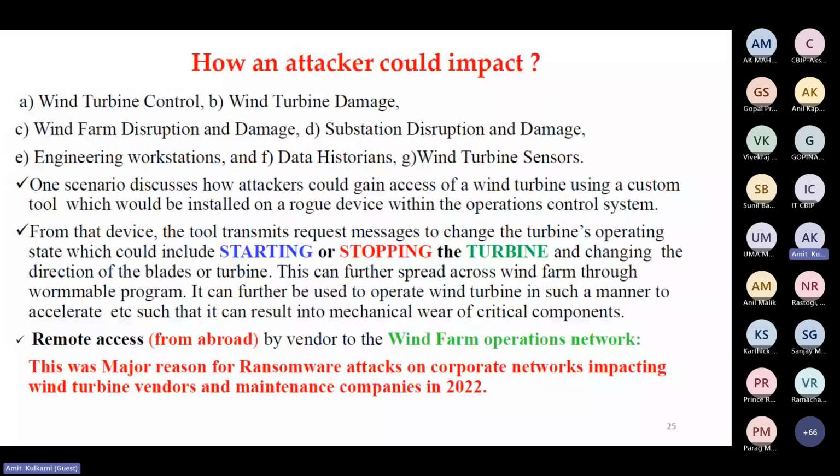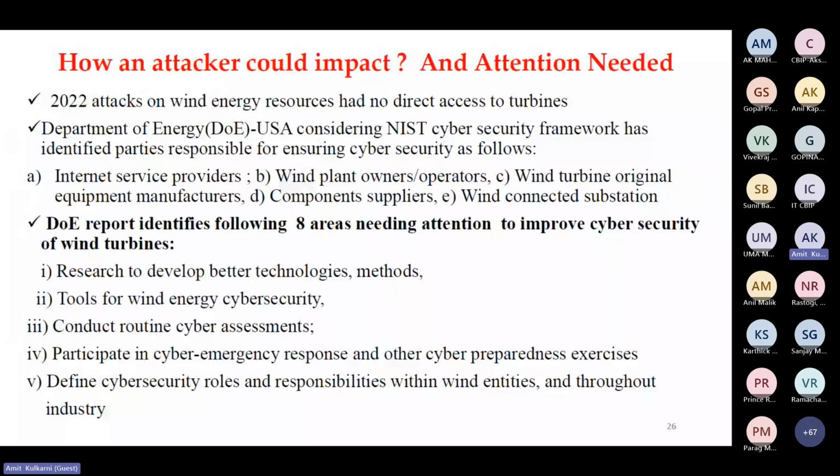And the major reason for ransomware attacks on corporate networks impacting wind turbine vendors and maintenance companies in 2022, that is last year, was the remote access provided to the vendors and technicians. Apart from this, the Department of Energy USA, in its cybersecurity report framework, has identified the following things to be ensured for security of cyber systems.